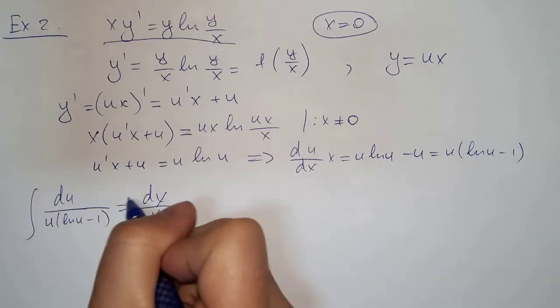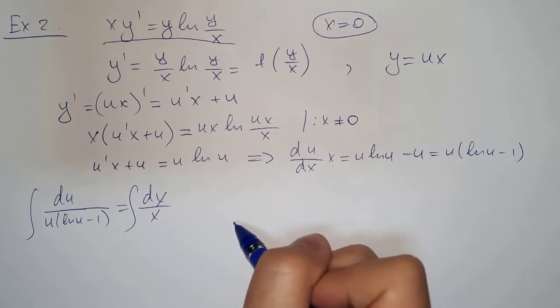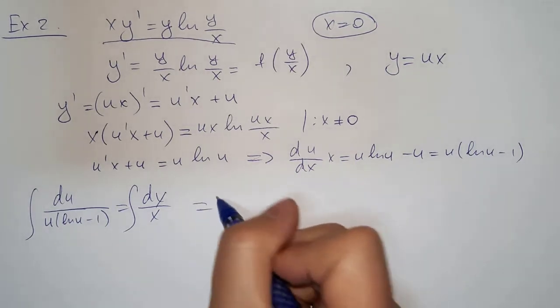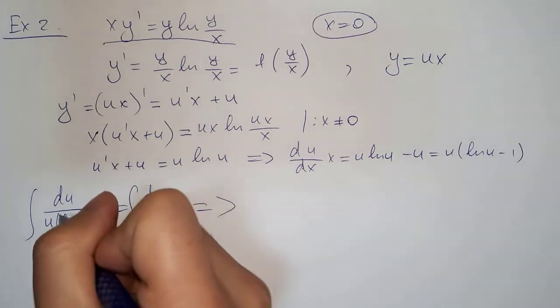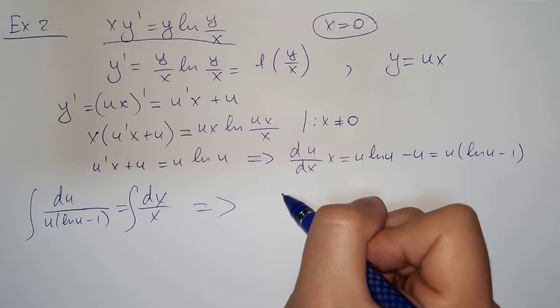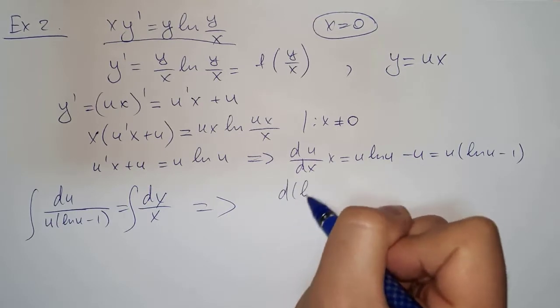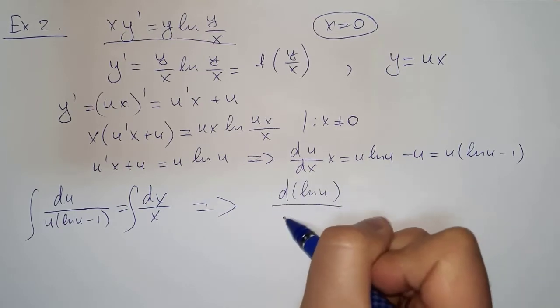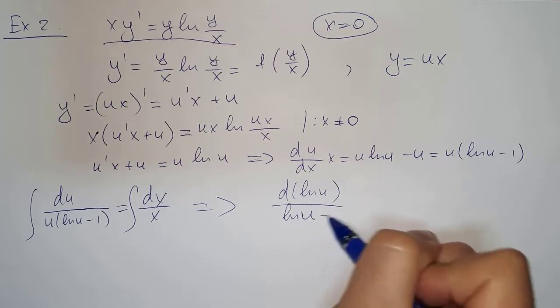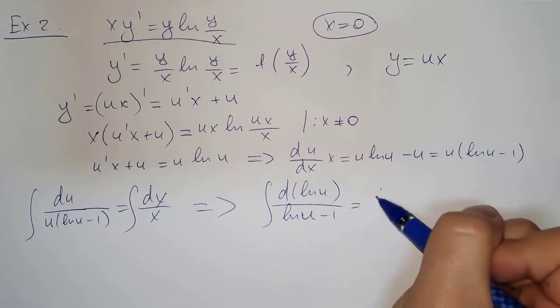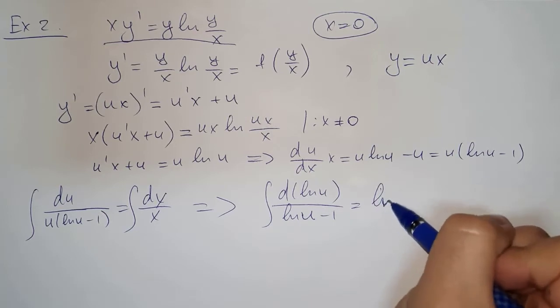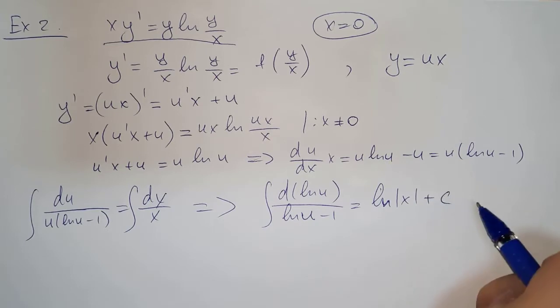Let's integrate both sides of our equation, and then we have here, however, we can write this du over u as d ln(u), and divide by ln(u) minus 1, integral, and it equals ln(x) plus c.